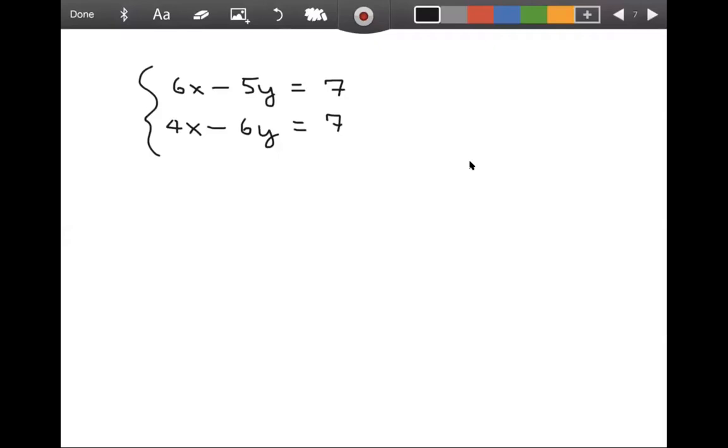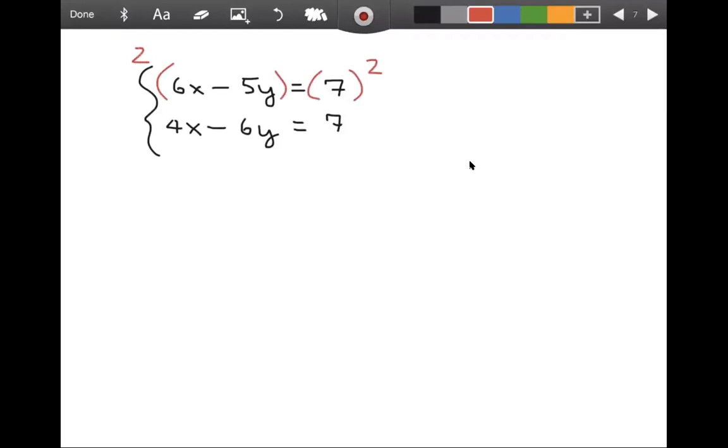So in this situation, we have to multiply both equations by a number. And those two numbers don't have to be the same. In fact, they won't be the same. So one option is to multiply the first equation by 2. And that'll give us a 12x.